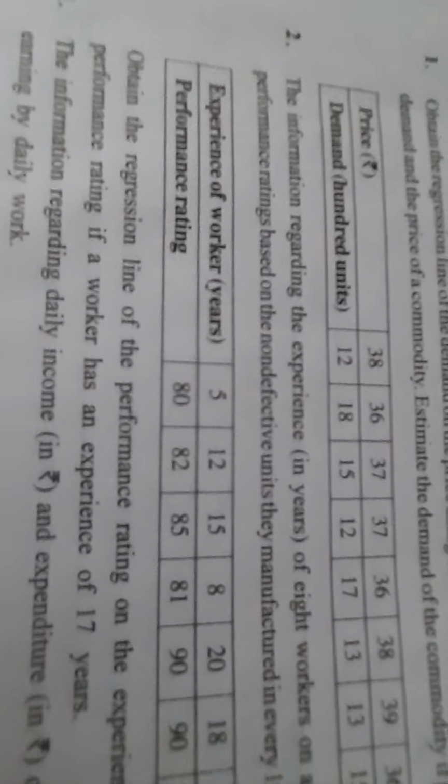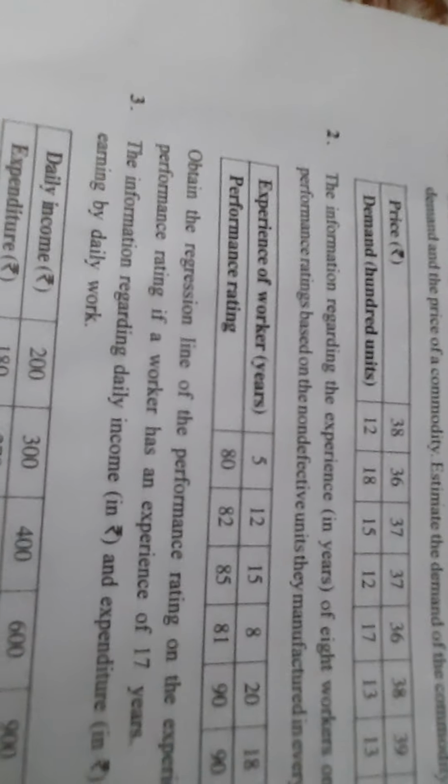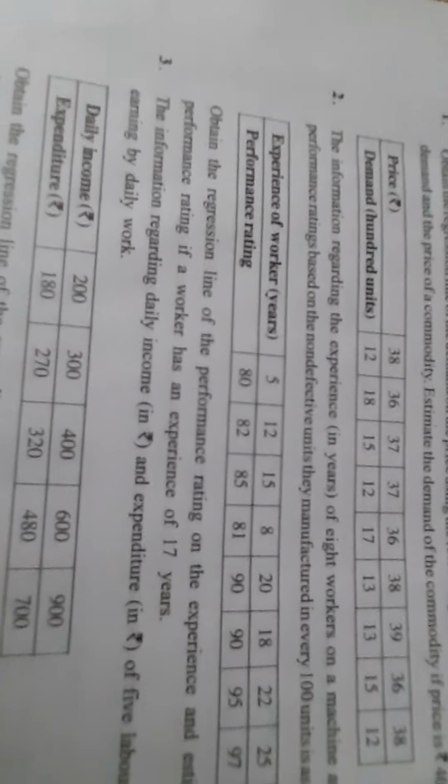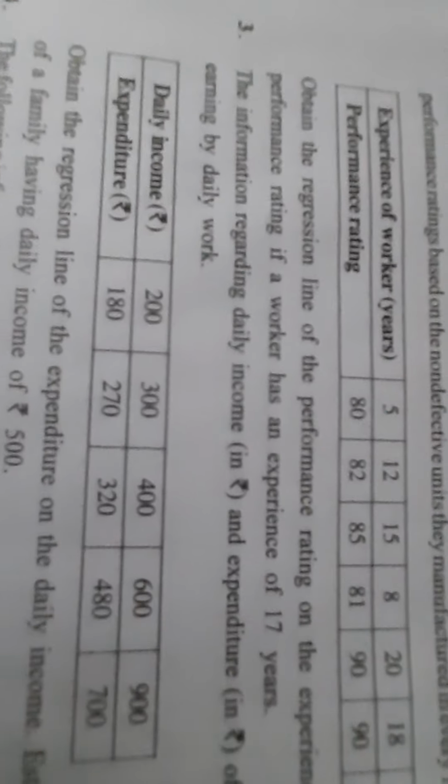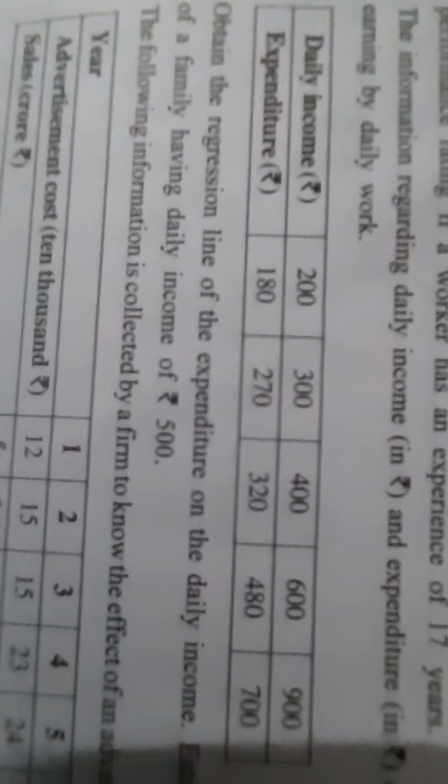Accordingly, we have to work it out. We are asked to find out y on x, and when performance rating is 100 units, what is the experience of worker? So that we have to find out.